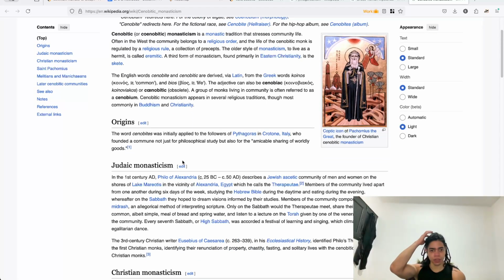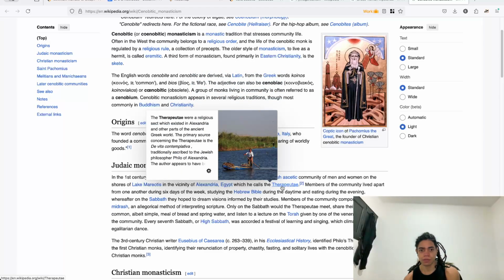In the 1st century, Philo, a Judaic thinker, described a Jewish ascetic community of men and women on the shore of Lake Mareotis, which he called the Therapeutae, in De vita contemplativa.